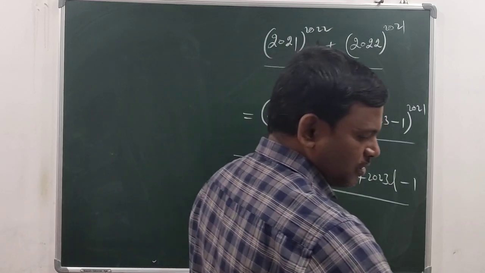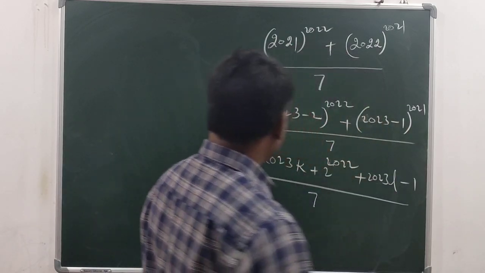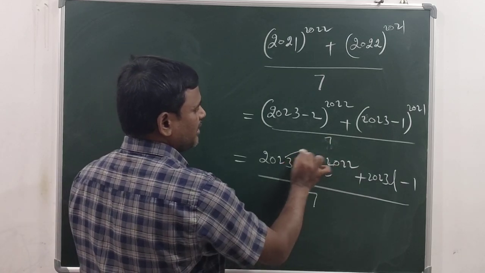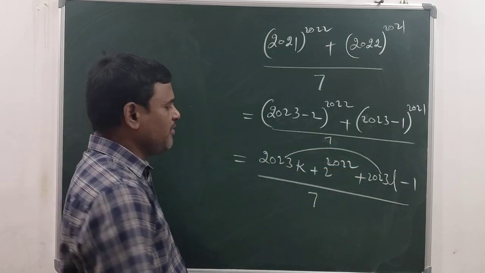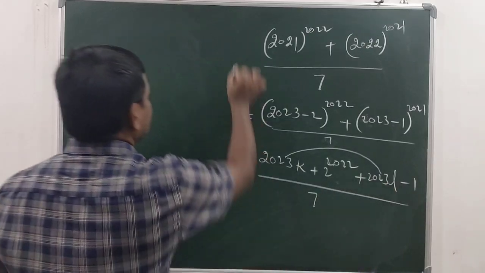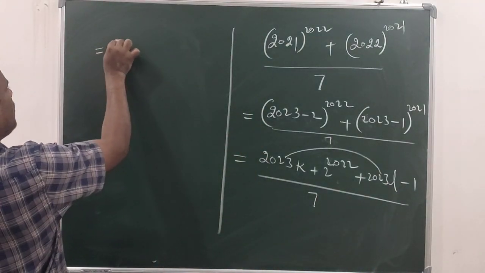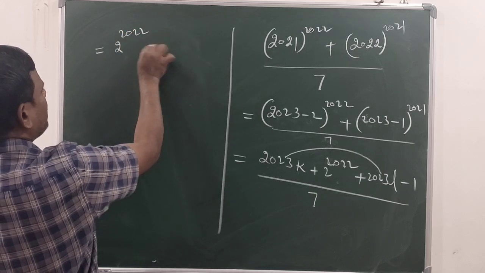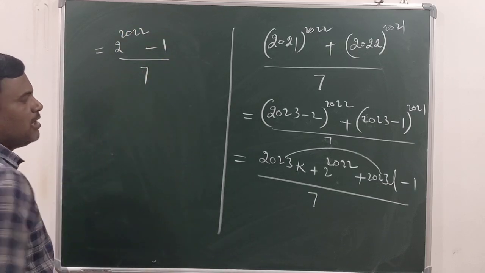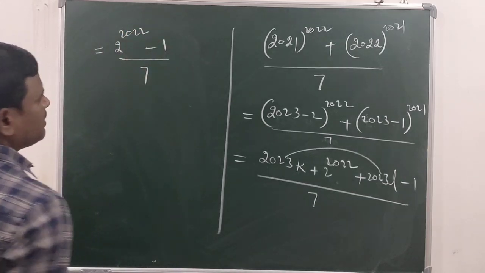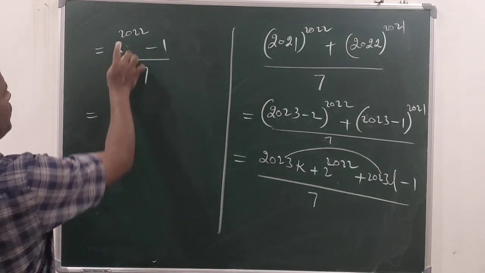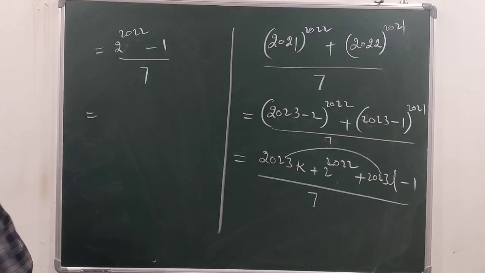Now, see students, these two terms will be exactly divisible by 7. Leave them. Now take these two: 2 power 2022 minus 1, divided by 7. What is the remainder when it is divided by 7? So what do you do? You can write 2 cube.